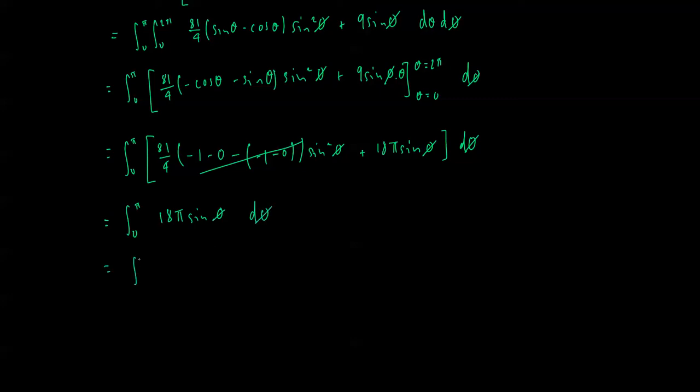You can integrate that now, it becomes negative 18 pi cos phi from phi equals 0 to phi equals pi. Cos of pi is negative 1, so it's 18 pi, and cos of 0 is positive 1, so it's minus of a minus, so plus 18 pi, which is equal to 36 pi.